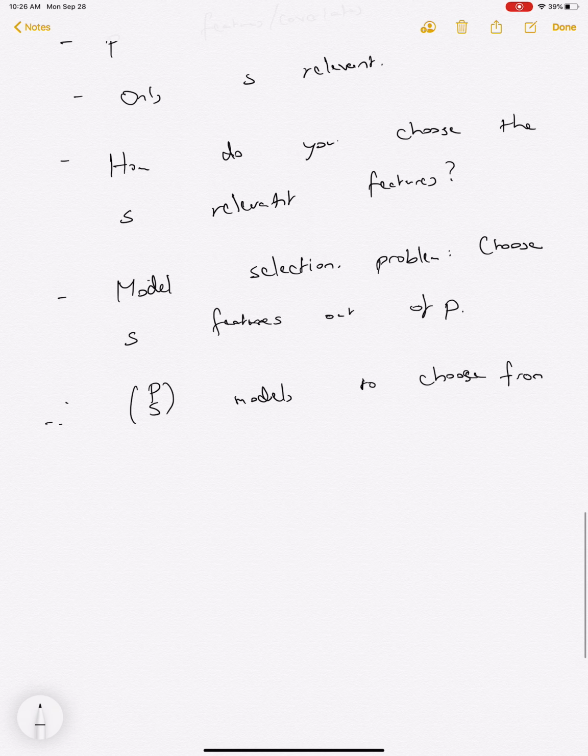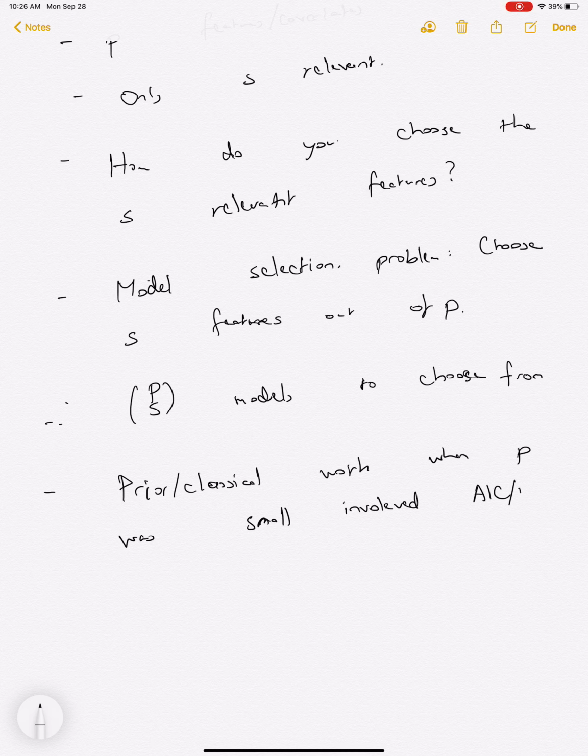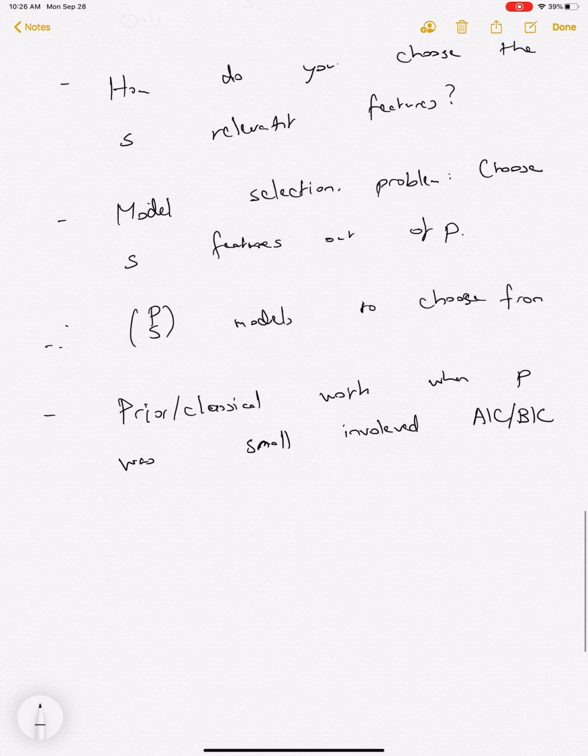And so there was prior, classical work involving two very classical and still very nice criteria, which you may have heard of or could look up, the AIC or BIC, which work reasonably well when P is small.